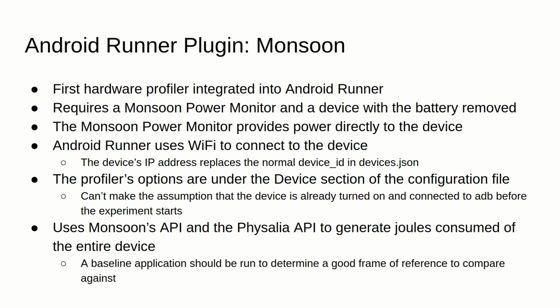So it's best to use a baseline application to compare against the other applications that you want to test. One important thing to keep in mind is that the device's battery must be removed first. The plugin uses the Physalia API, which is essentially a wrapper around Monsoon's own API.